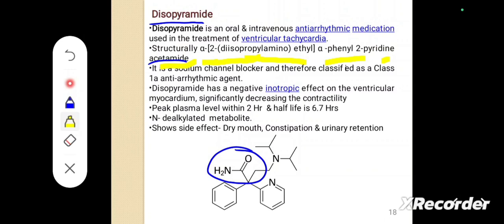It is a sodium channel blocker, therefore classified as a class 1A antiarrhythmic agent. Disopyramide has a negative inotropic effect on the ventricular myocardium and significantly decreases contractility. It achieves its peak plasma level within 2 hours, and the half life of disopyramide is about 6.7 hours. It is metabolized to an N-dealkylated form. Side effects include dry mouth, constipation and urinary irritation.